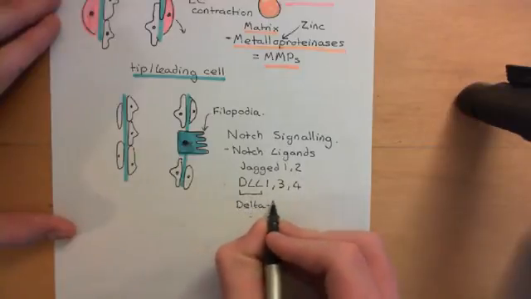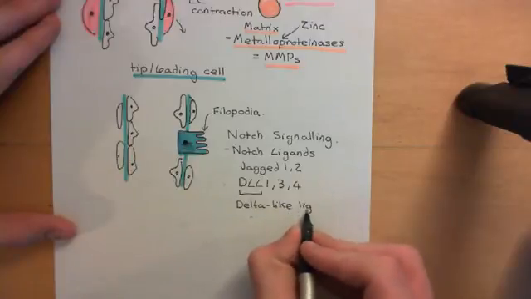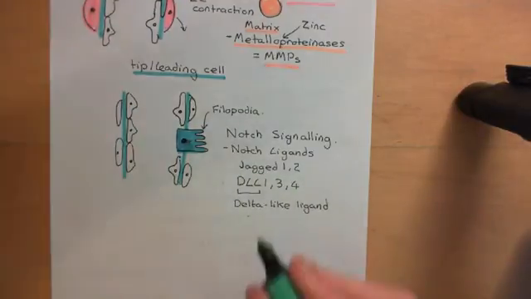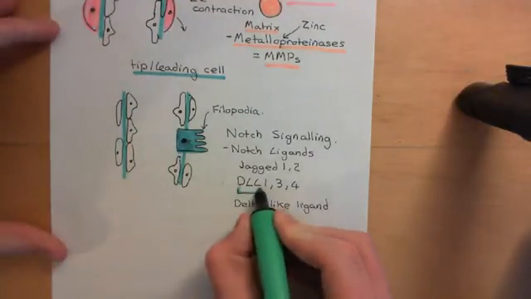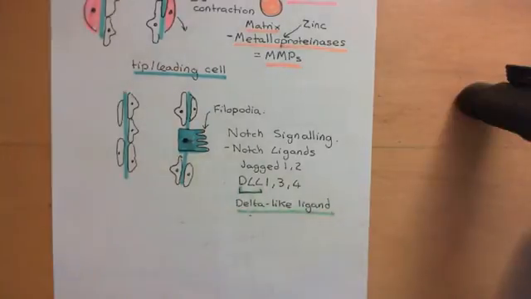The D is for delta, the first L is for like, and the second L is for ligand, so delta-like ligand. Those are the 5 different notch ligands: jagged 1, jagged 2, delta-like ligand 1, delta-like ligand 3, and delta-like ligand 4.